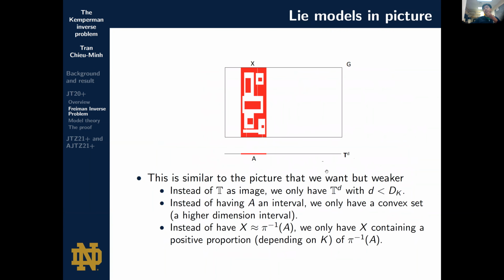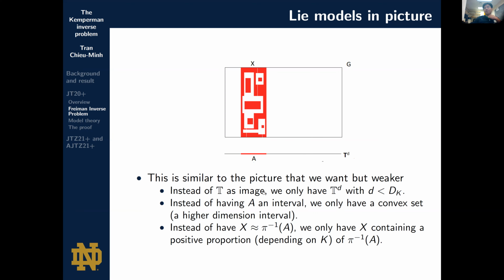So let me show you a picture, to perhaps make it clearer. For the group G over here, after a trivial modification to make it good, you would be able to construct a map down into T to the D together with a convex set A, such that X is not the full inverse image, but maybe 20%, or 10%, right? But this picture is quite similar to the picture that we want in our theorem, but weaker in several aspects.